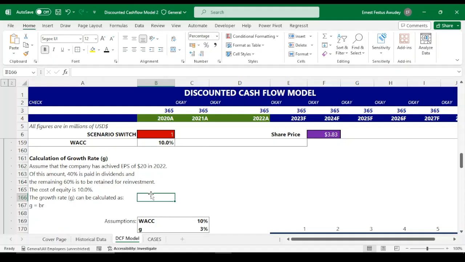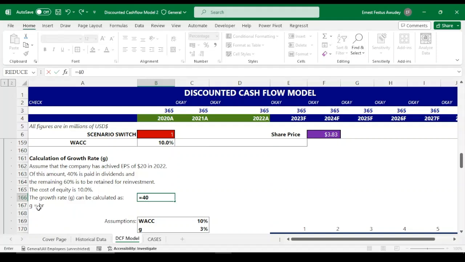As I said, the growth rate will be calculated by the amount of earnings retained, which is the B here, and that is going to be 40%. It's usually quoted in percentage terms, and that is our 40% there.